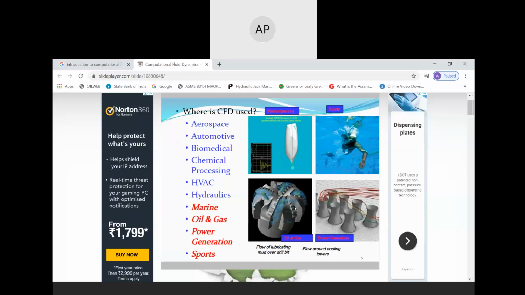Also flow lubricating over a drill bit, and flow around cooling towers.